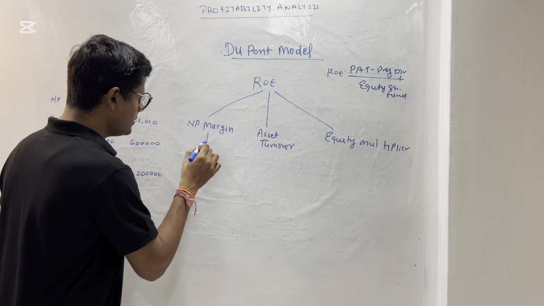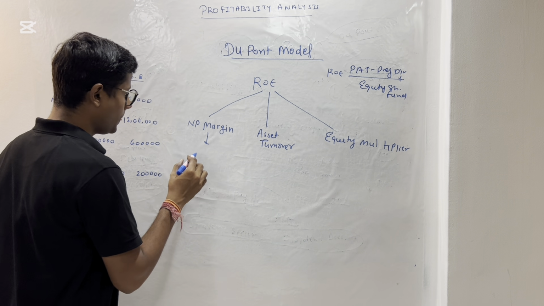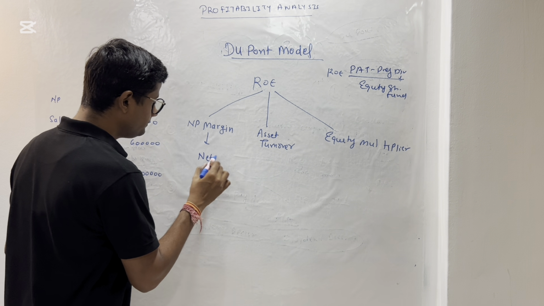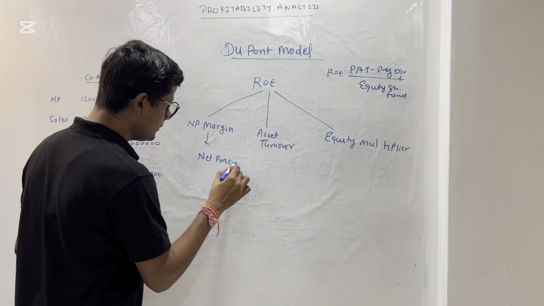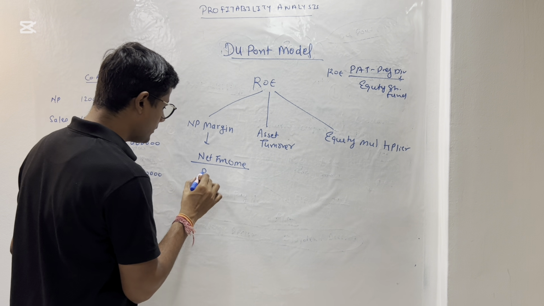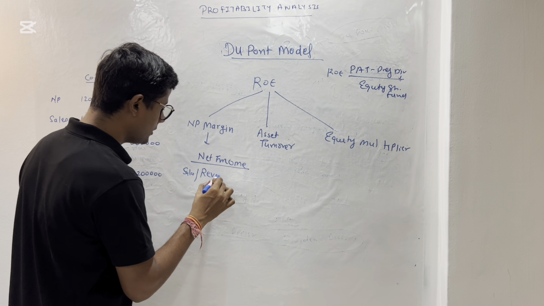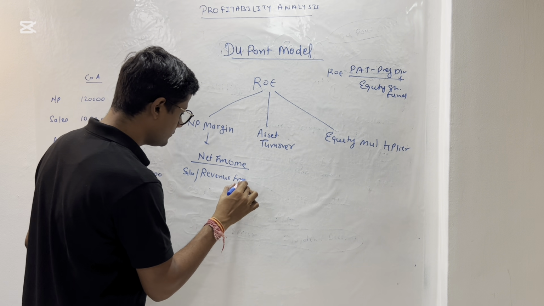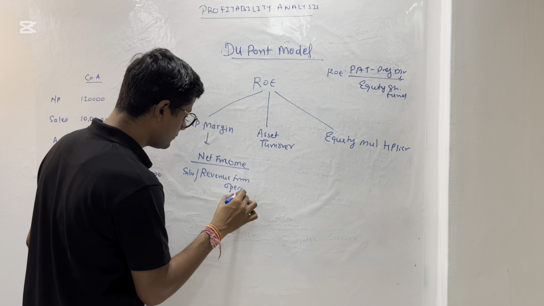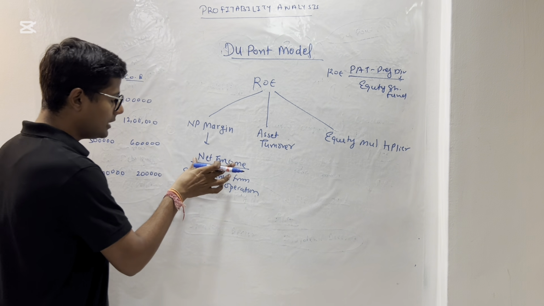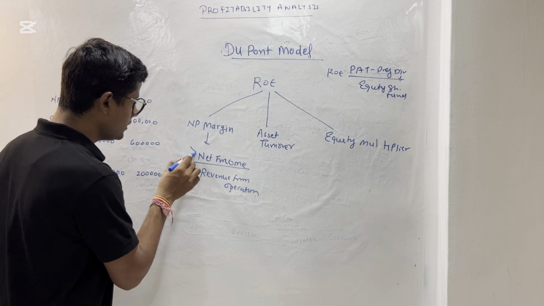So net profit margin, what's the formula? Net income divided by revenue from operation. You can call it sales or revenue from operation. Now what is net income?